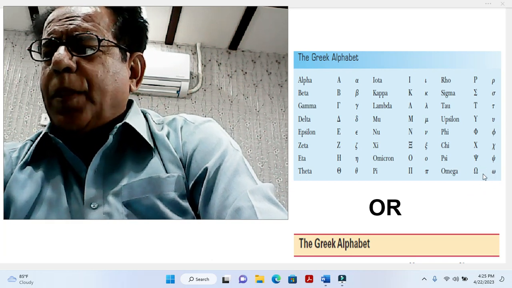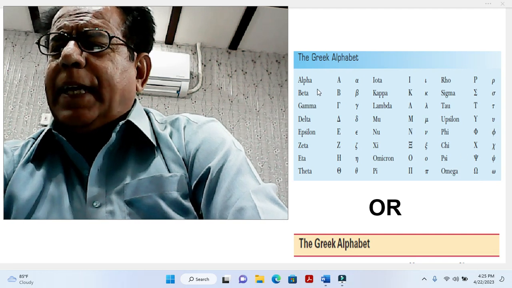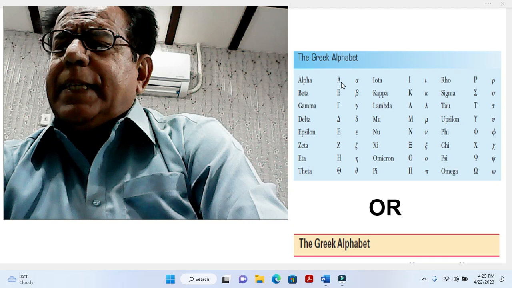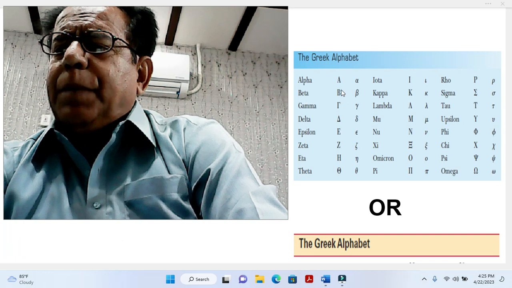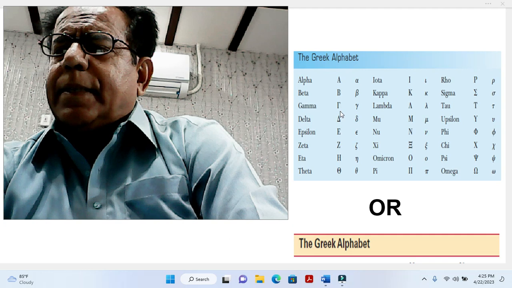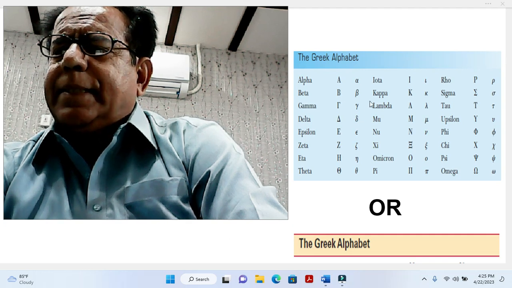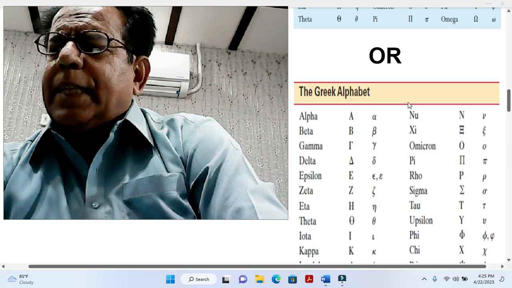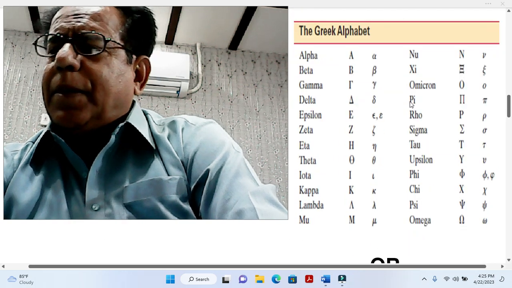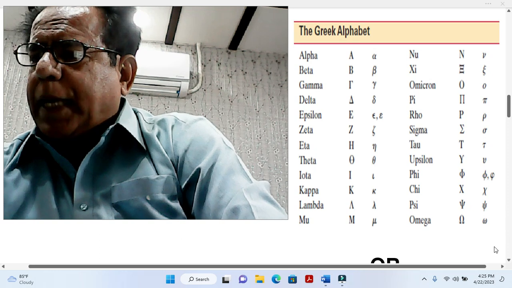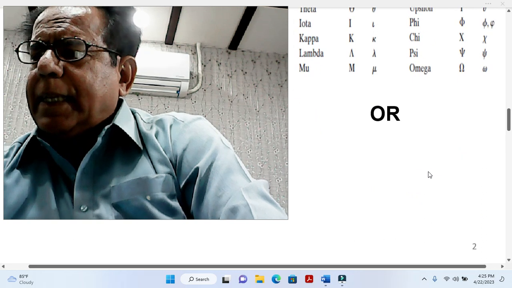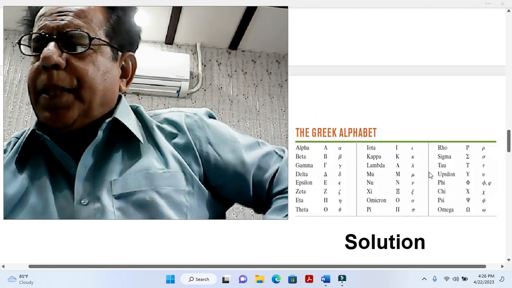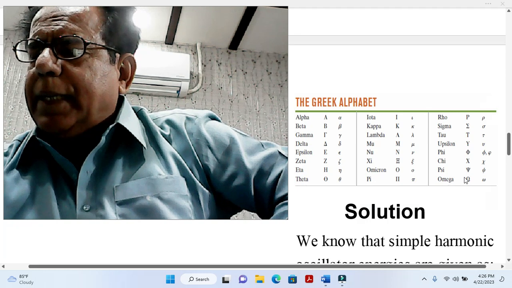For example, capital letter alpha is A, and the small letter is this symbol. Similarly beta, gamma, and so on. In the other versions, snapshots taken from other books, again we have omega in capital and small letter case.